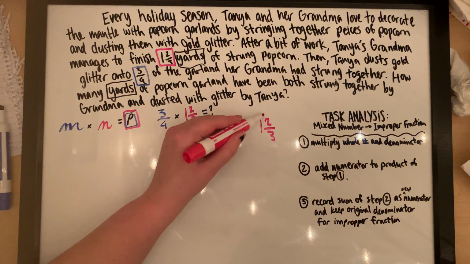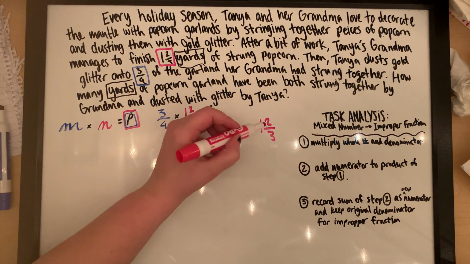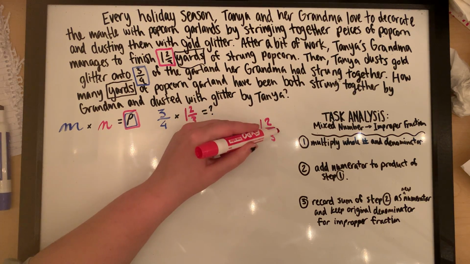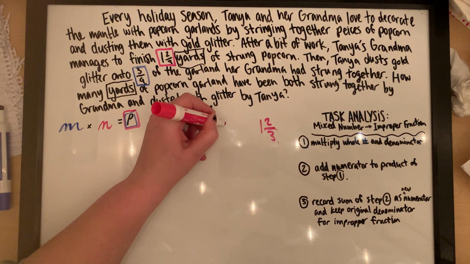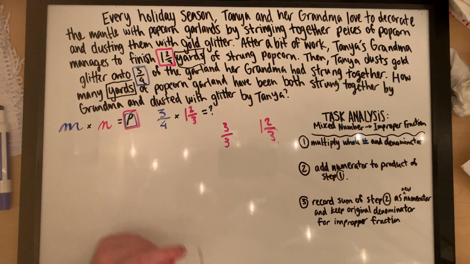Our whole number is going to be 1. And basically what that means is that we have a group, and since we're speaking in terms of thirds, 1 is going to be 3/3.